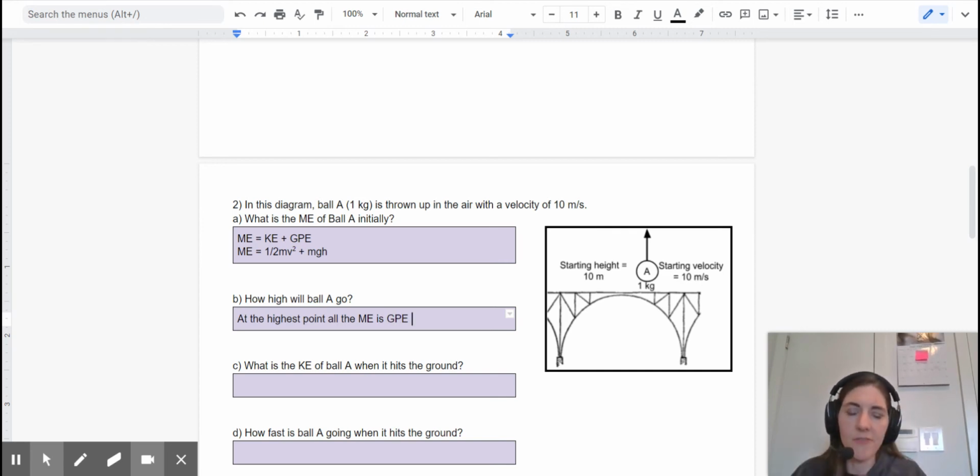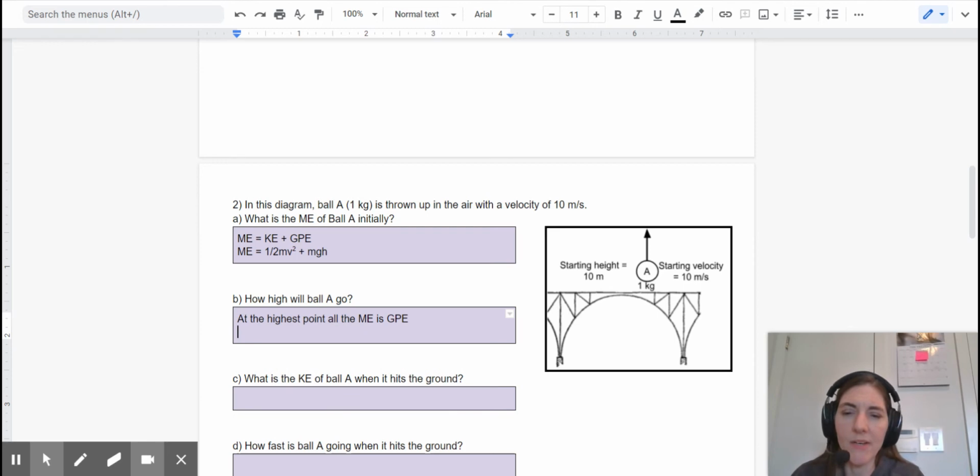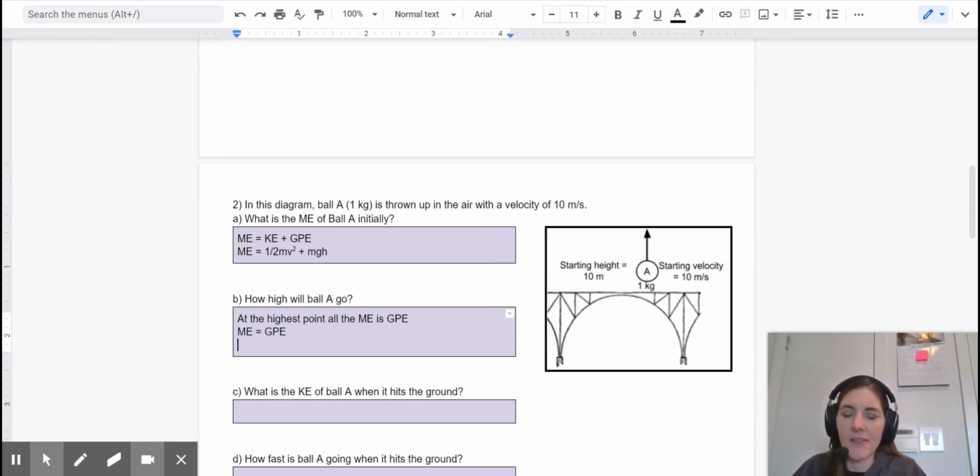So whatever your answer is for A, ME equals GPE. So ME equals mgh at its highest point. You know m, you know g, you just need to figure out h. So you found the mechanical energy of the system in number 2A. Now you're going to have to find the height if all that mechanical energy is gravitational potential energy.